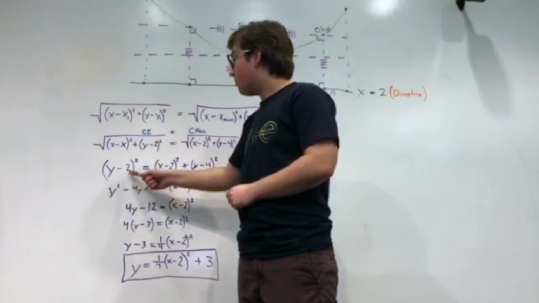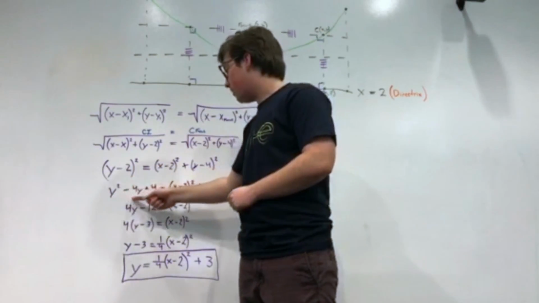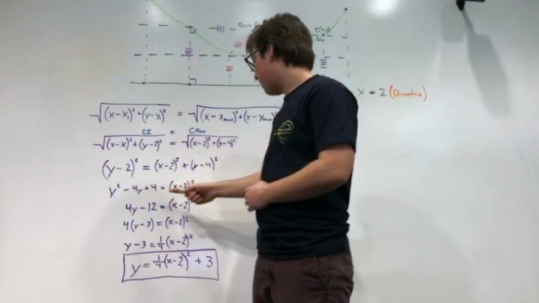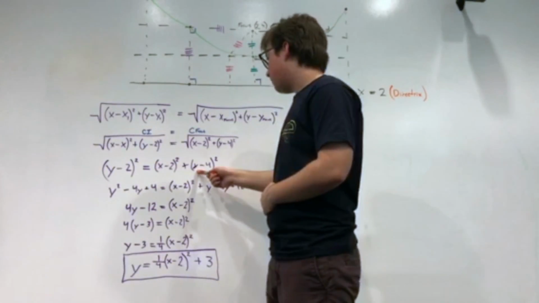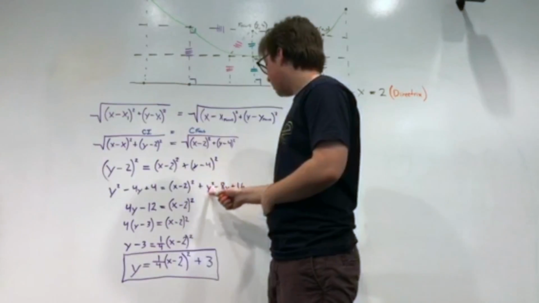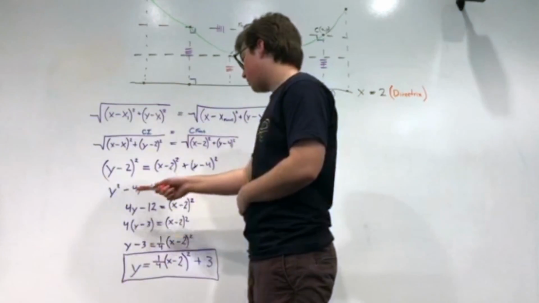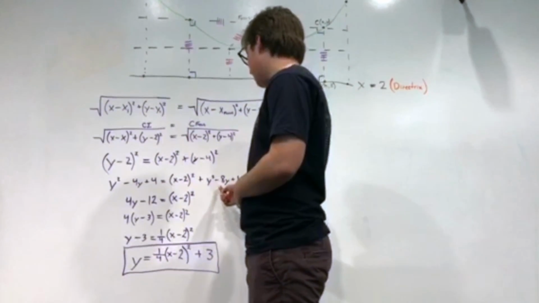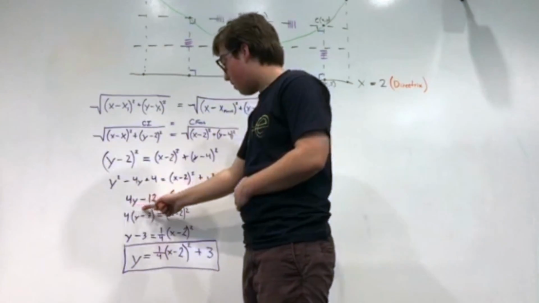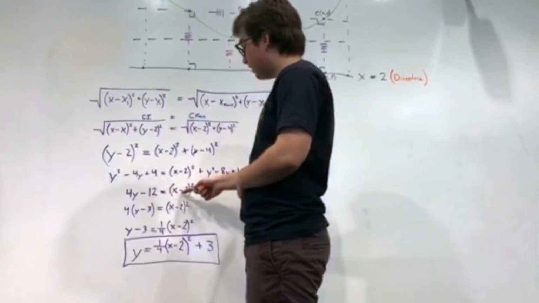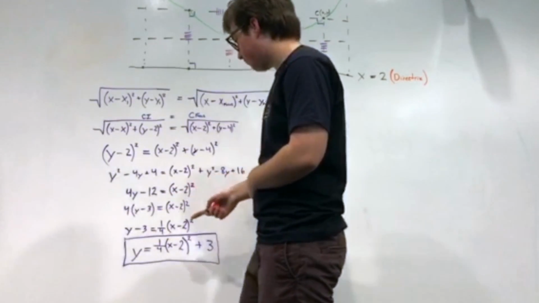If you expand y minus 2 squared, you get y squared minus 4y plus 4. And if you FOIL y minus 4 squared, you get y squared minus 8y plus 16. The y squares cancel out, and you're left with 4y minus 12 equals x minus 2 squared.